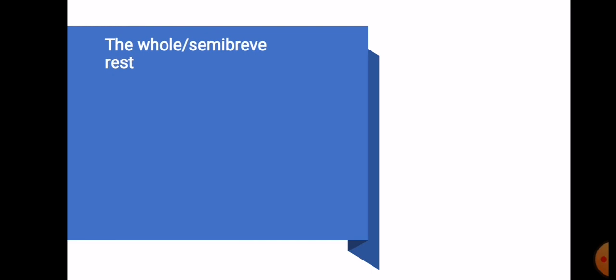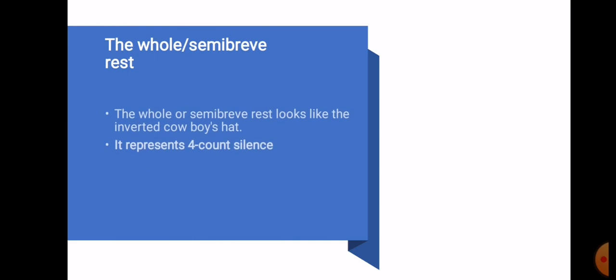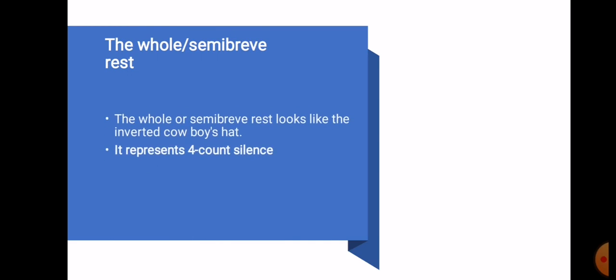Now let's look at the whole or the semibreve rest. How does it look? The whole or semibreve rest looks like the inverted cowboy's hat. You know the hat, we usually call it the cowboy's hat.